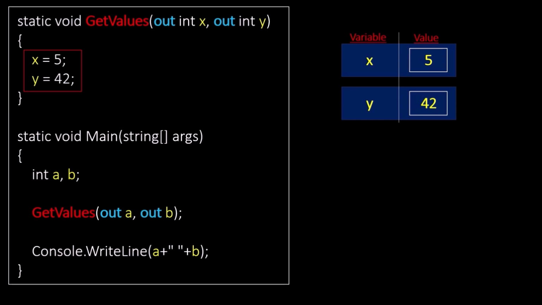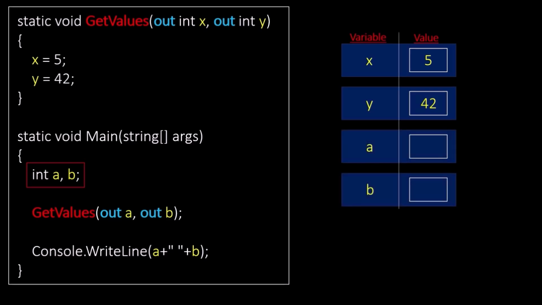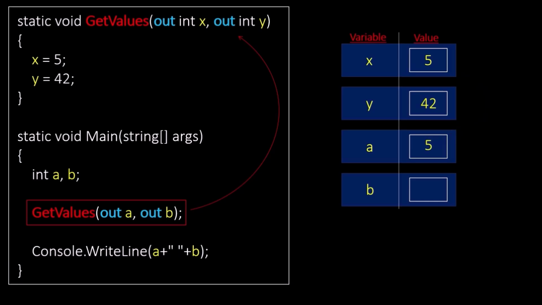In the main method, we declare the variables a and b, but we don't assign them any initial values. Next, we call the getValues method. The values of x and y are then assigned to the variables a and b respectively.